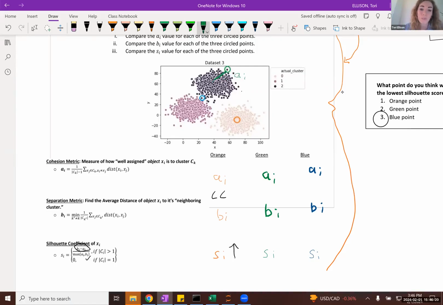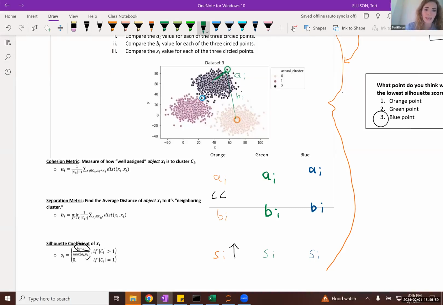Then to calculate the BI, we calculate the average distance that point is from all observations in cluster 1, which would be a distance of something like this. Then we calculate the average distance of this point to all observations in this cluster, which would roughly give you a distance of something like this. I'd say that this distance is roughly the smaller one, so my BI would be approximately a distance of something like this.